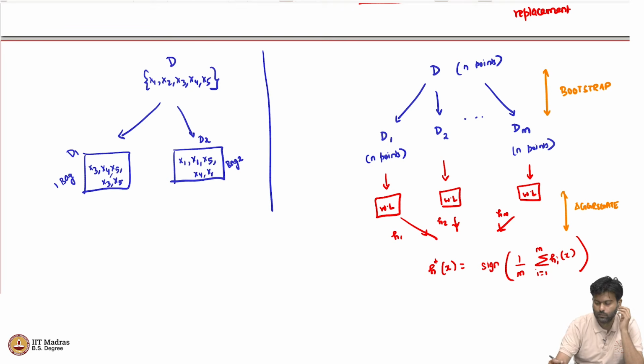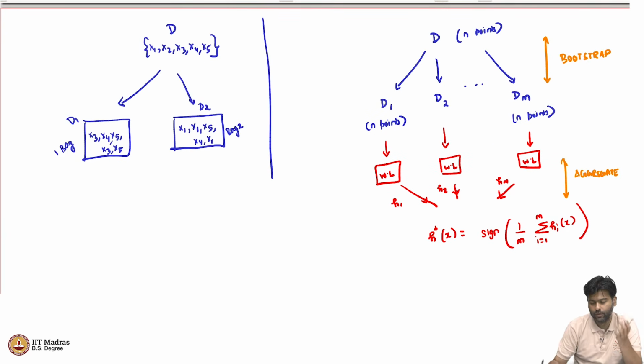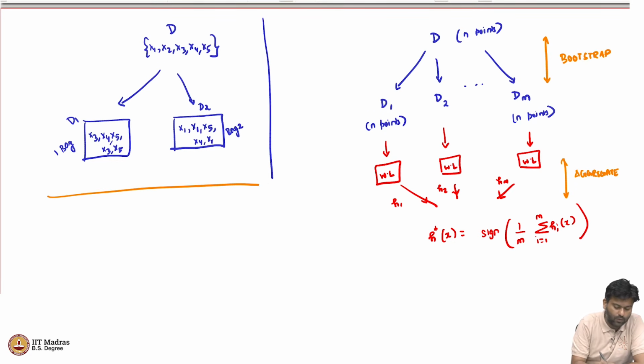Now, one can ask the question, well, there are points that are going to get repeated in each of D1 to DM. So, what can we say about the amount of repetition that happens in each of these bags, right? So, if you think about that, how am I creating D1?